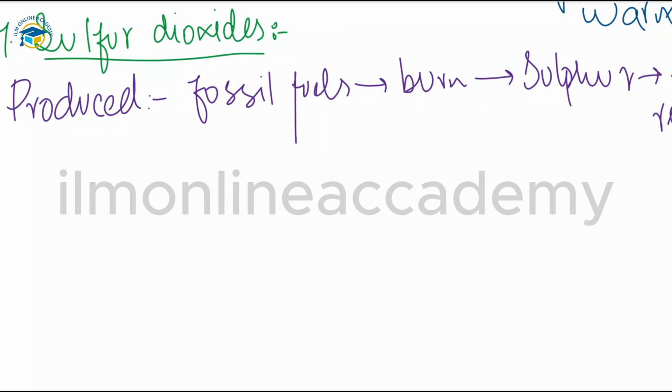So you can see here how this gas is produced. This gas is produced by the burning of fossil fuels which contain sulfur compounds, and then sulfur dioxide is released. Sulfur dioxide also contributes to the formation of acid rain when it reacts with the moisture present in our atmosphere. So this is how sulfur dioxide is released.